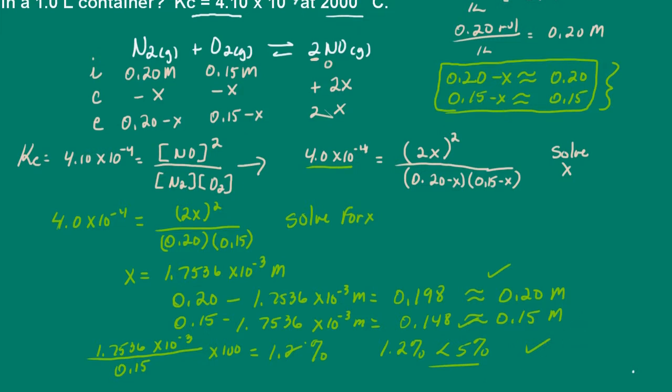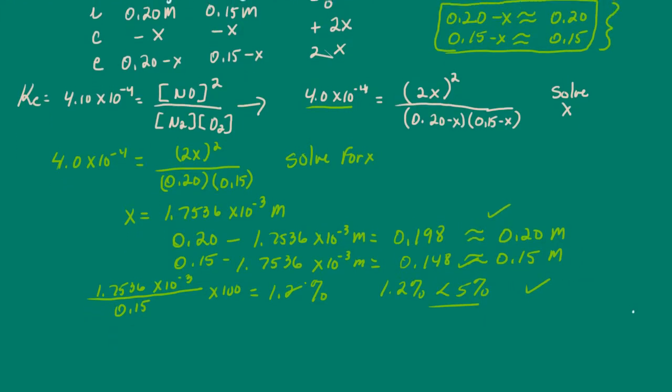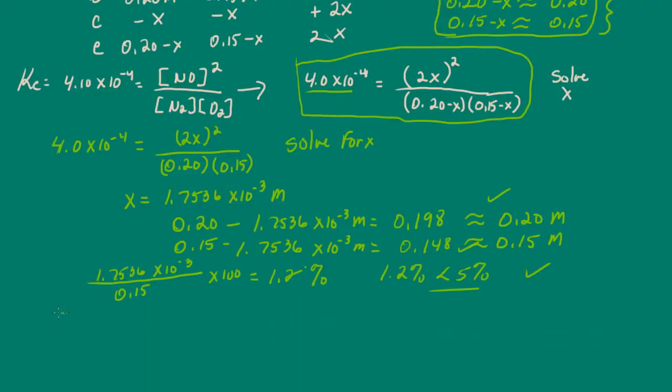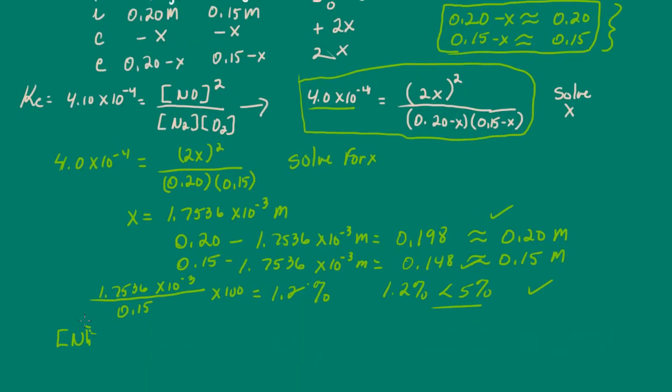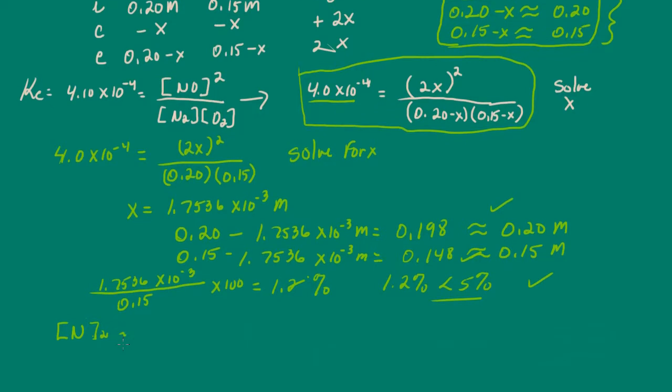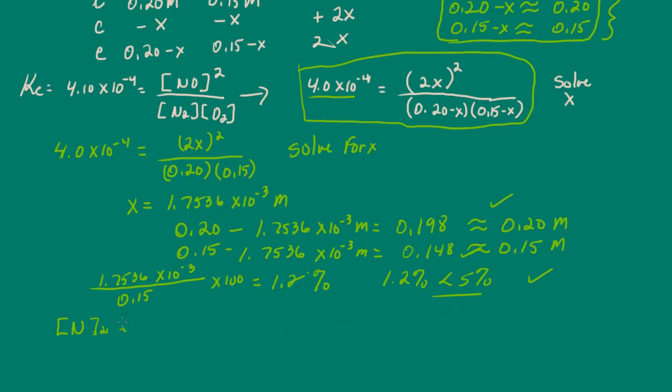Well, now that we have X, we can determine our equilibrium concentrations. Let's start with the equilibrium concentration of nitrogen first. That is equal to 0.2 minus X. So X again is 1.8 times 10 to the negative 3.